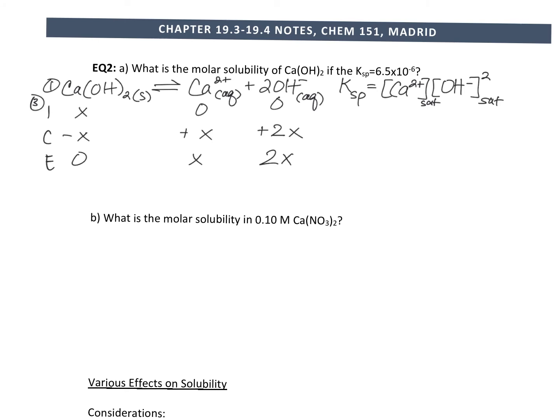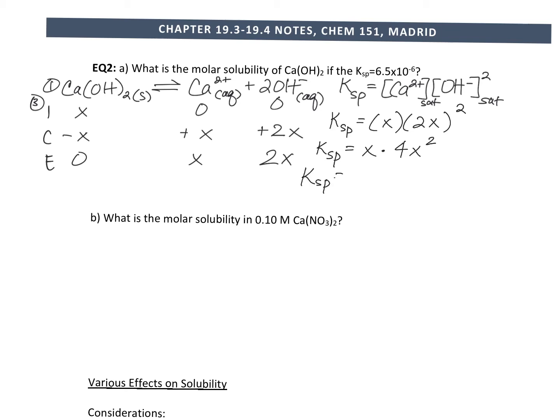So it should look very similar to what we had in the previous problem. All right, now I'm going to take those values for calcium and for hydroxide and plug it into my Ksp. So we should end up with Ksp is equal to x times 2x squared. That simplifies a little further to x times 4x squared.